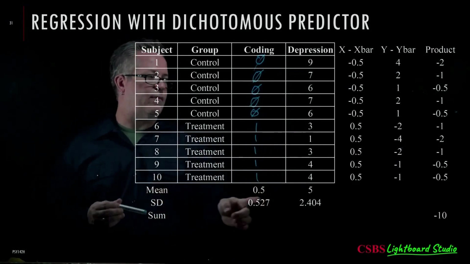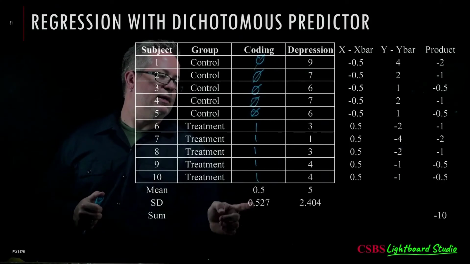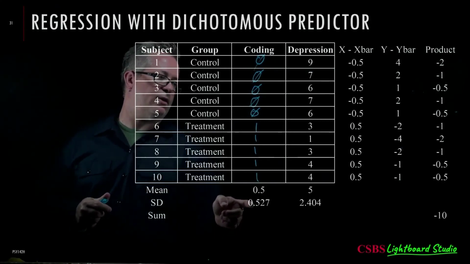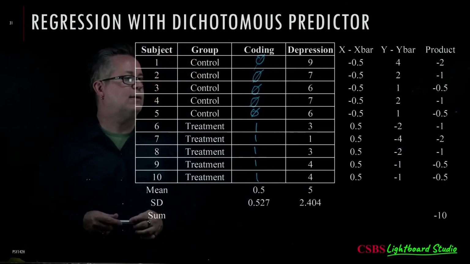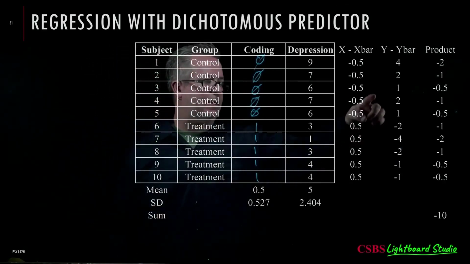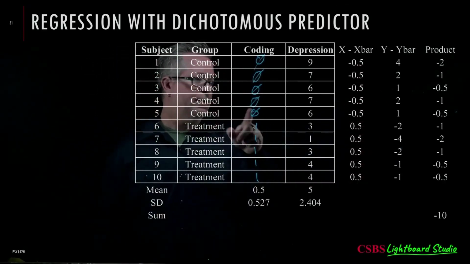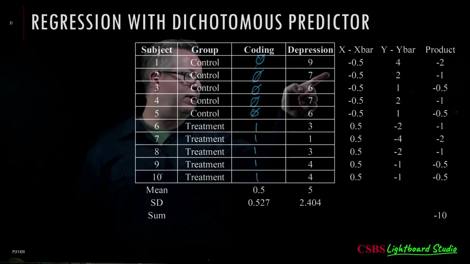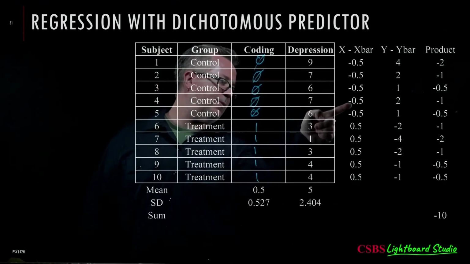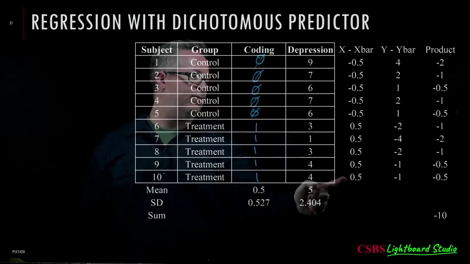So if you look at that, the average of that is going to be 0.5. The standard deviation of all these scores around 0.5 is 0.527. All right, so we get that. But look at now X bar. If I take each of these, 0 minus 0.5, I get negative 0.5. So all these are going to be the same negative 0.5s all the way down, and the same 0.5s down there.